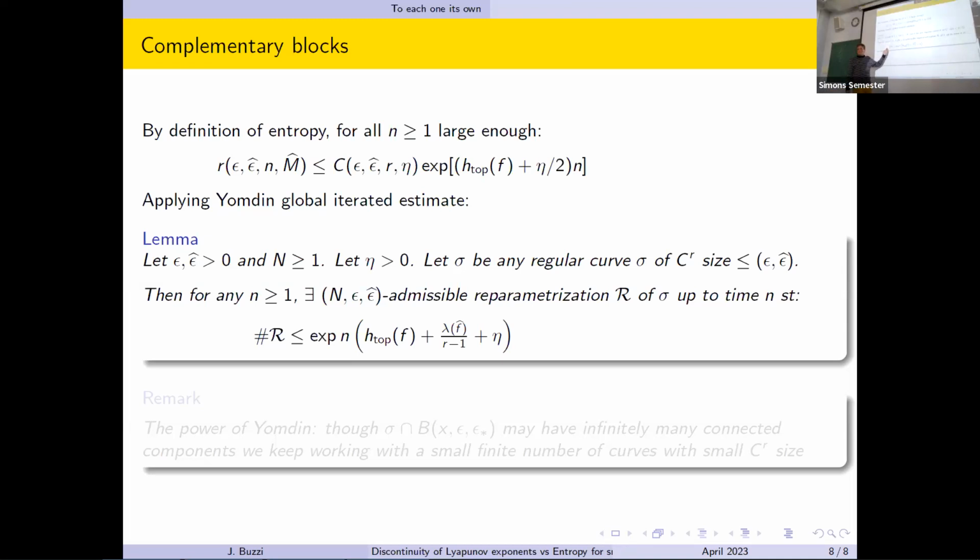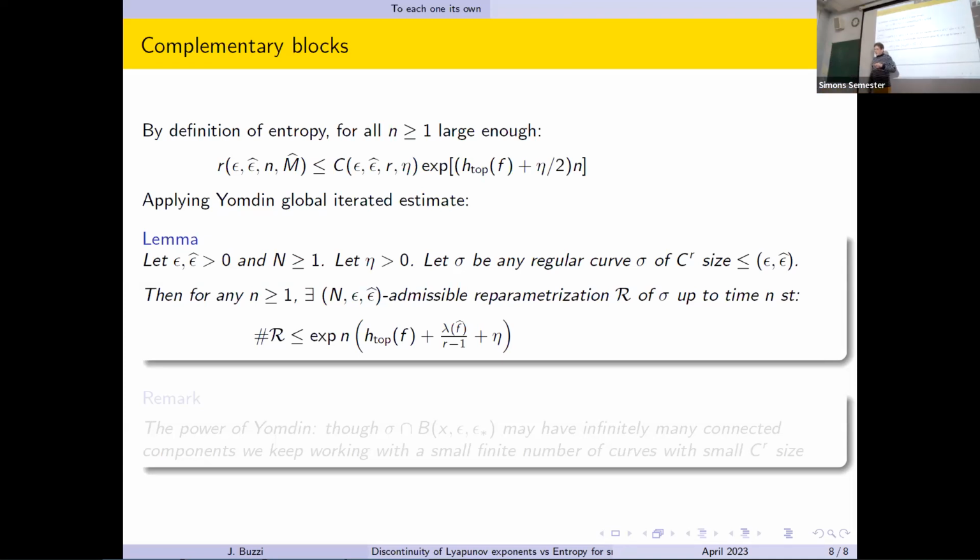Here, for instance, it's very simple. You have your number of dynamical balls of order n, and then you apply Yomdin, and it's exactly the statement of Yomdin. We repeat it because it's a very simple part when you are on a curve. And here, the 1 over R.